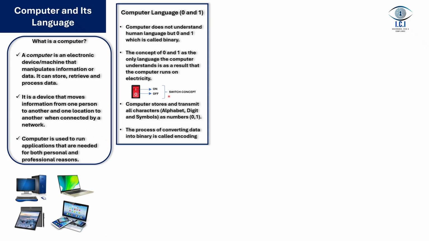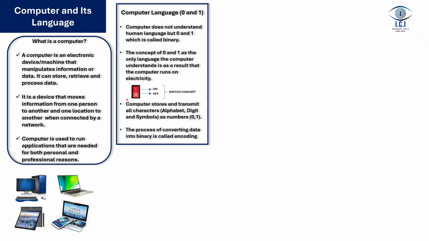When you go to your house, if you are using a stabilizer, most of us are using those old-day stabilizers, we have 0 and 1. This sign, if you can see my screen. This 1 means on, this 0 means off. That is the only thing a computer understands because of its source, which is electricity.